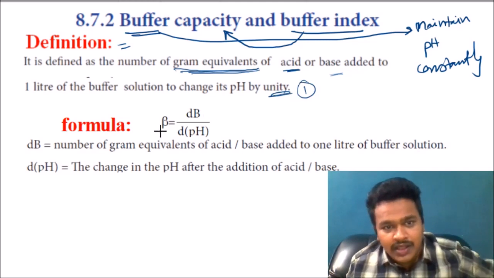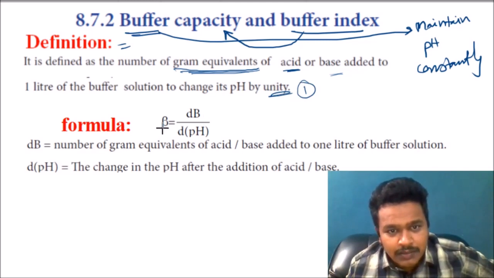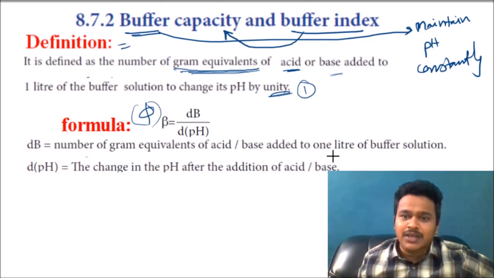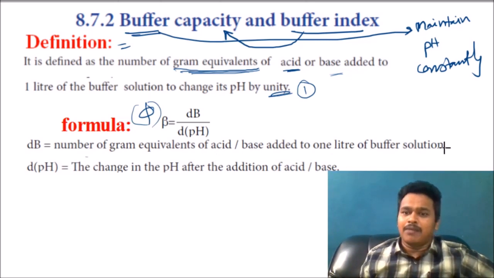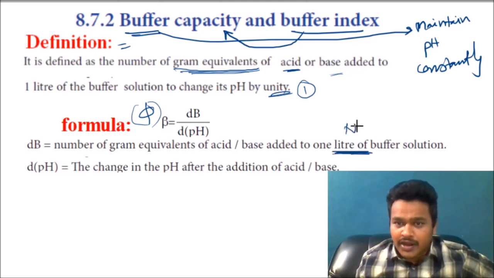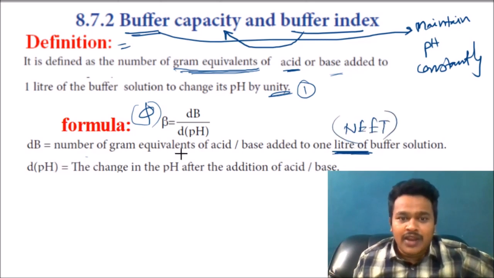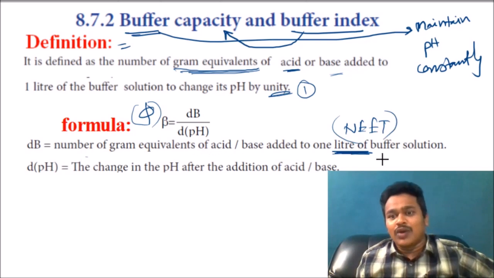That is buffer capacity, beta. In some books you can see it as phi. dB. What is dB? Number of gram equivalents of acid or base added to 1 liter of a buffer solution. 1 liter is very, very important. For the NEET exam and all, you have to concentrate on this 1 liter. They will ask. Number of gram equivalents of acid or base added to 1 liter of buffer solution.